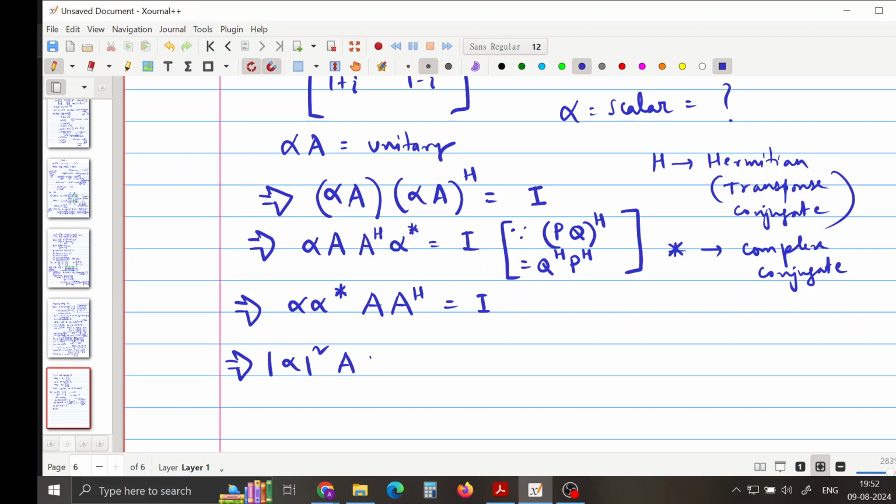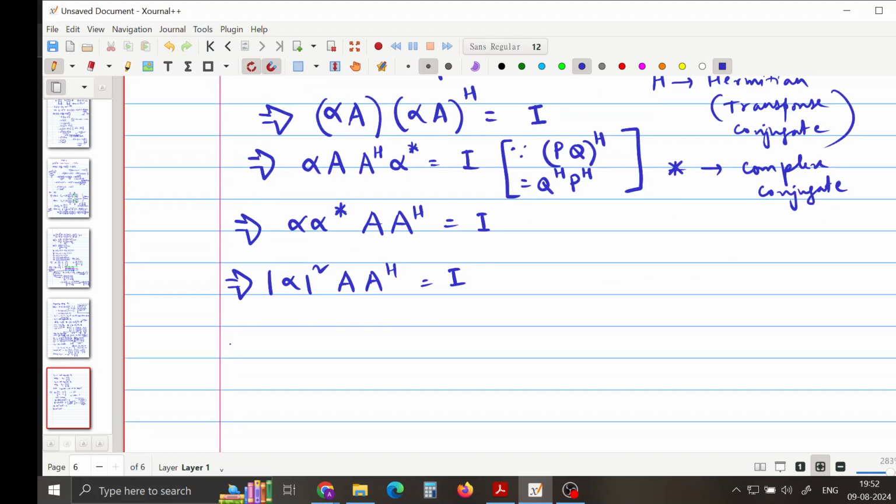So mod alpha squared times A Hermitian A is identity. A was the matrix 1 minus I, 1 plus I, 1 plus I, 1 minus I, and its Hermitian would be, you have to take the transpose as well as the conjugate.